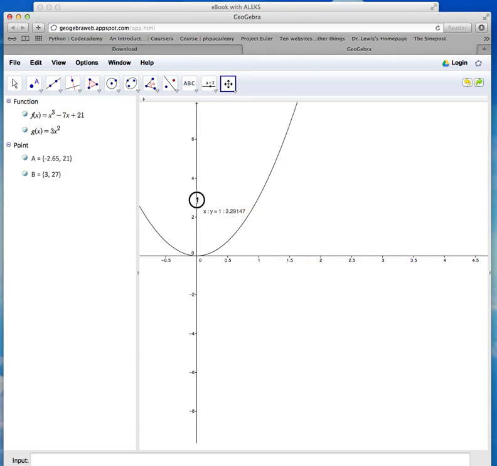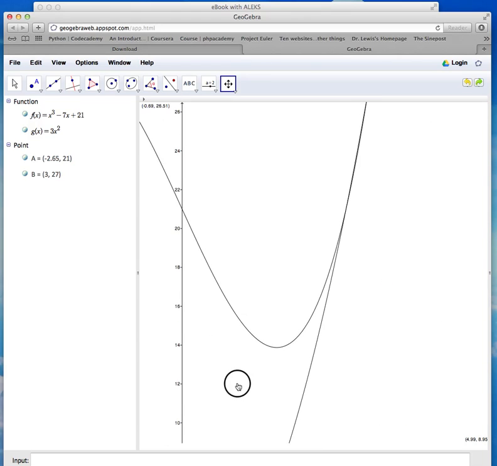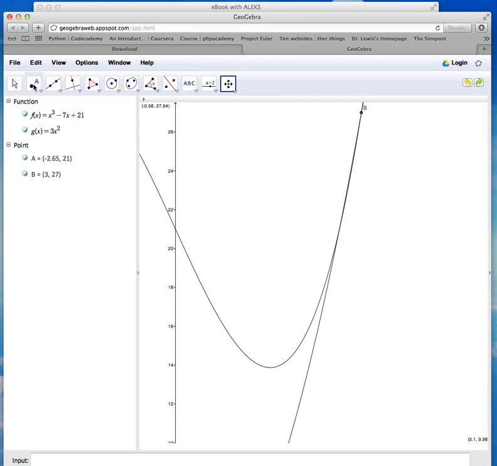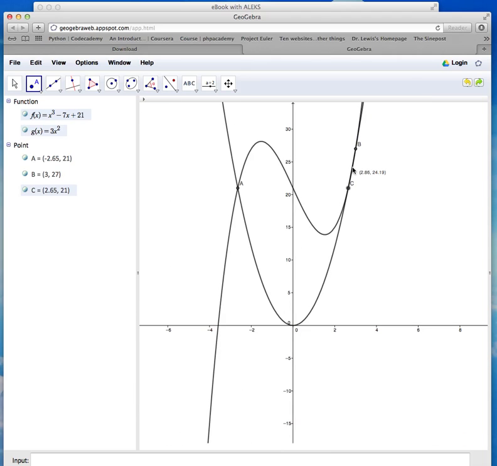But I think if I do it right, and I move in on that spot, crosses right here too. Which is 2.65. So positive 2.65 and 3. So those are your three solutions. So it actually crosses twice in here. That's a little one. That one's a little hard to see.